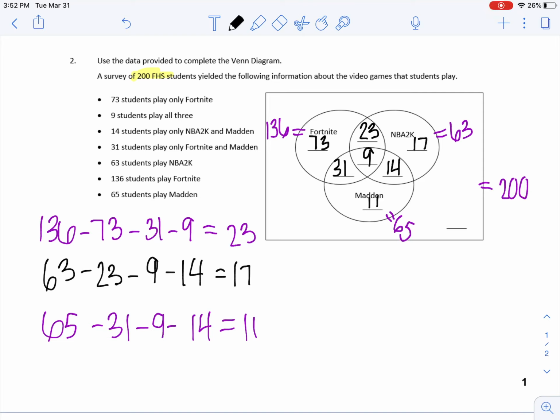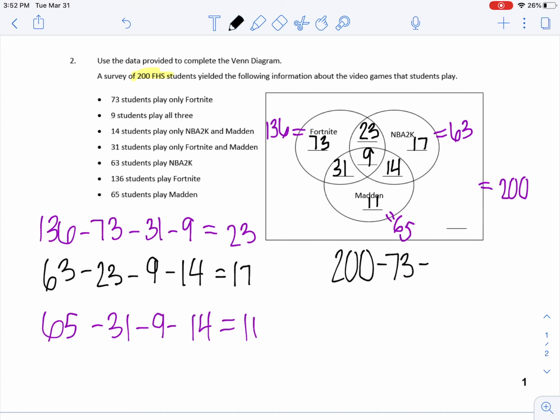Then lastly, don't forget we need to figure out our number on the outside of our circles. So that would represent our students who do not play any of these 3 video games. So let's take our total, 200, and we need to subtract every number that we have written in here in black writing 1 time.